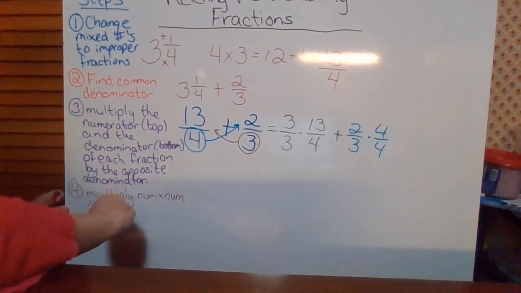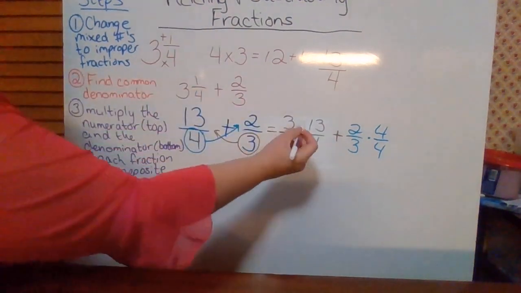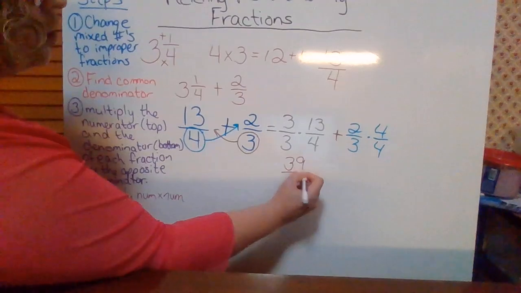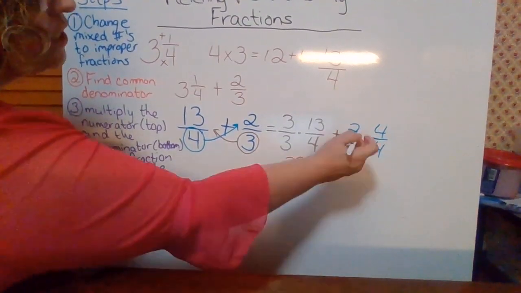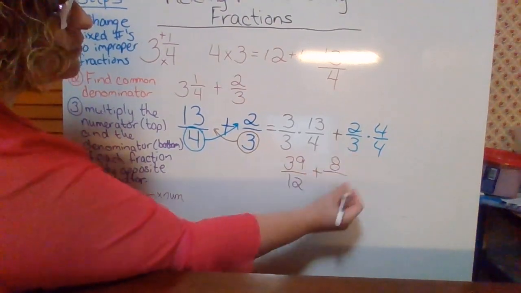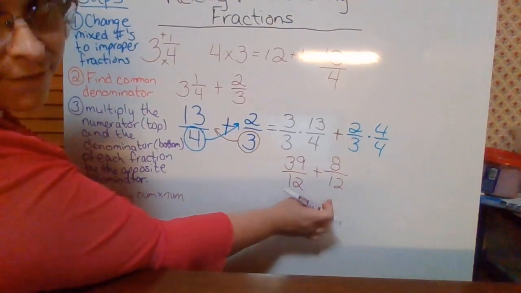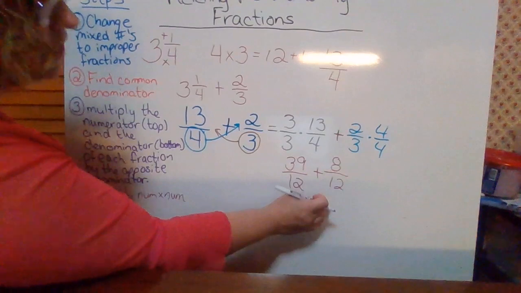So right here, 13 times 3 is 39 over 3 times 4, which is 12, plus 2 times 4 is 8 over 3 times 4 is 12. These better be the same. If they're not, we have issues. So these have to be the same.